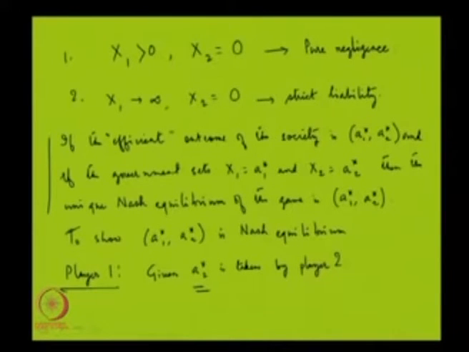mentioned by the government, because I know that x1 is equal to A1 star and x2 is equal to A2 star. Here player 2 is taking this action A2 star, which is equal to x2. So, it is now entirely upon player 1 what he will do.